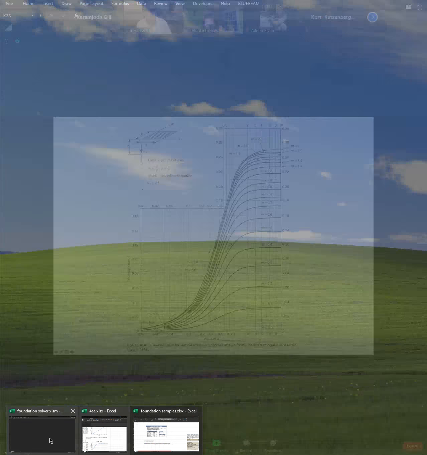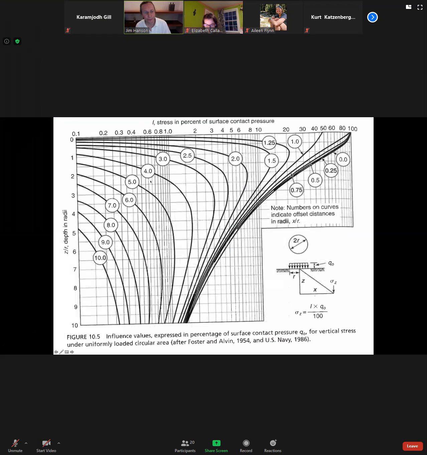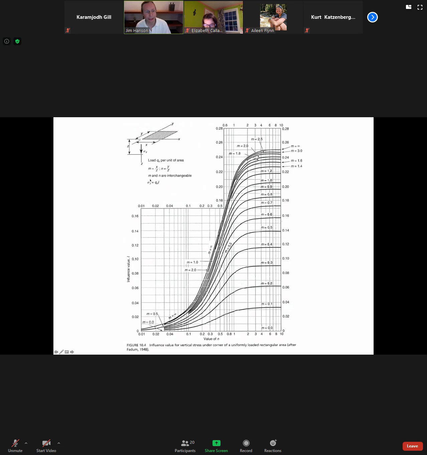But in this, you have a sigma at depth. Oh, I'm sorry, a delta sigma at depth is equal to the stress acting at the surface on that shaded area, times the influence factor.